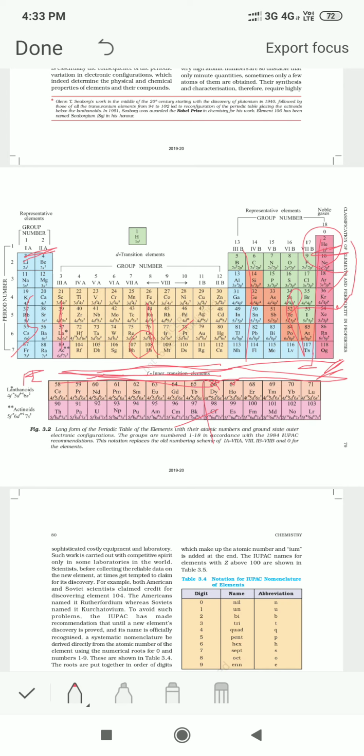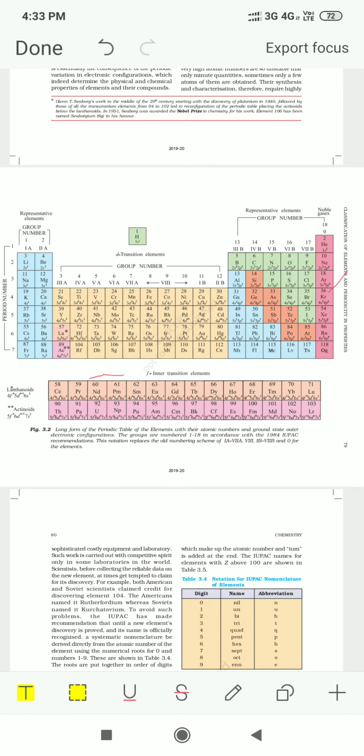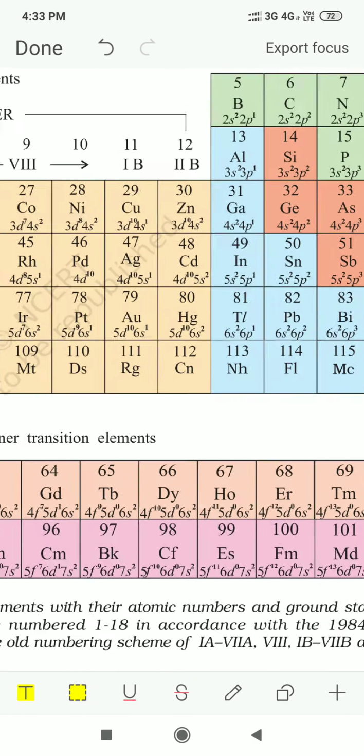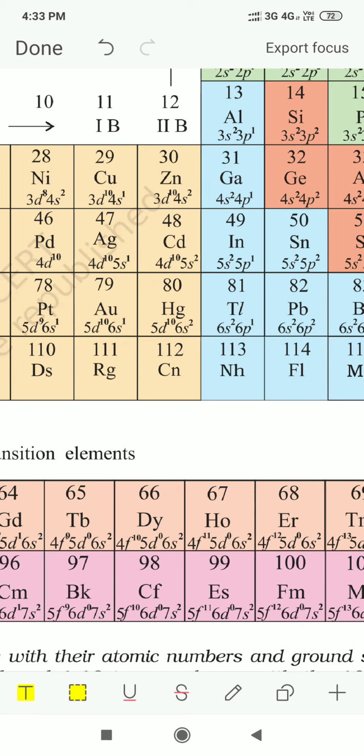Now in group 12 of the d block, we have zinc, cadmium and mercury. These have a completely filled configuration: 3d10 4s2 for zinc, 4d10 5s2 for cadmium, or 5d10 6s2 for mercury.